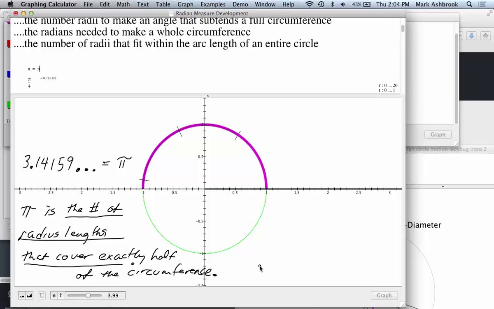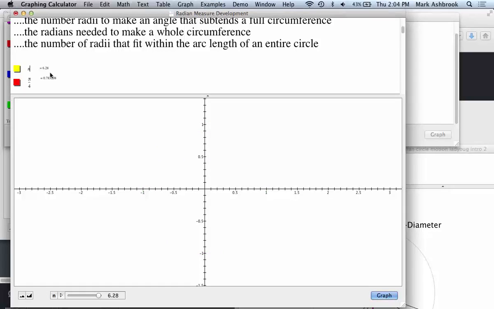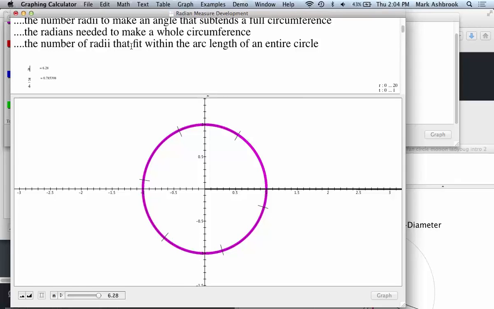Okay, so from pi then, we can get lots of nice, convenient places on the circle. So pi we know is exactly halfway.